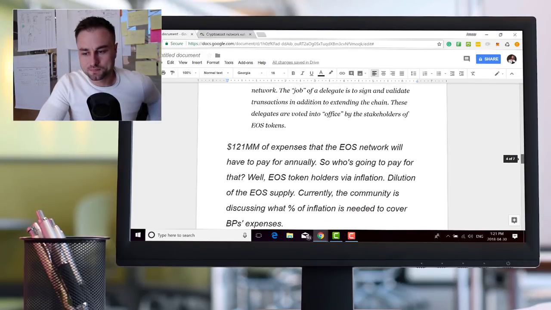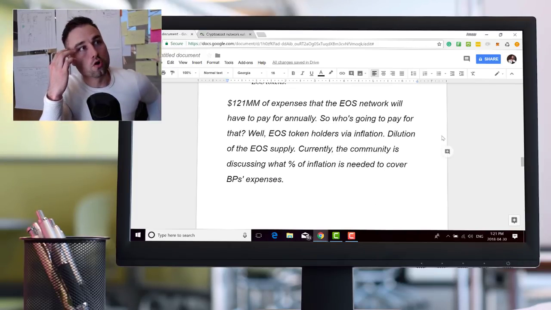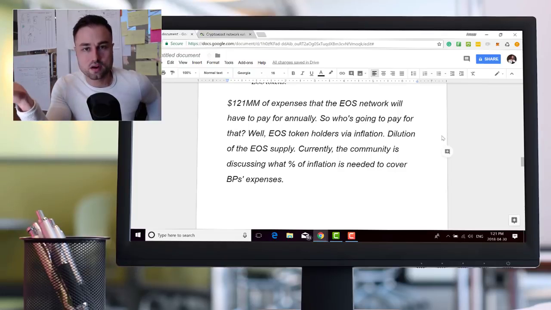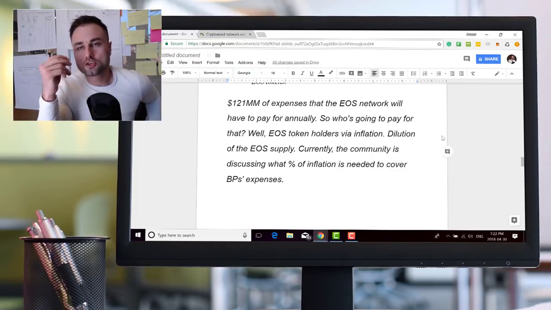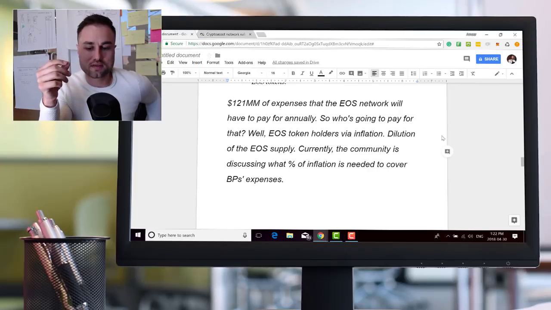One interesting thing though is the no fee structure. In Ethereum, it's a rental fee. In EOS it's a no fee structure, because you have to stake your EOS for these master nodes, right? So the cost of these 21 nodes per year would be roughly $121 million.